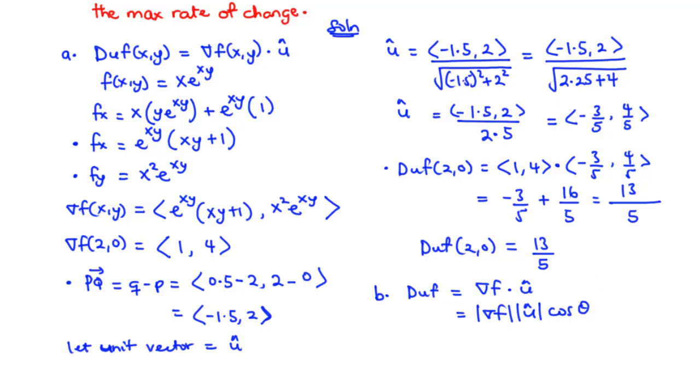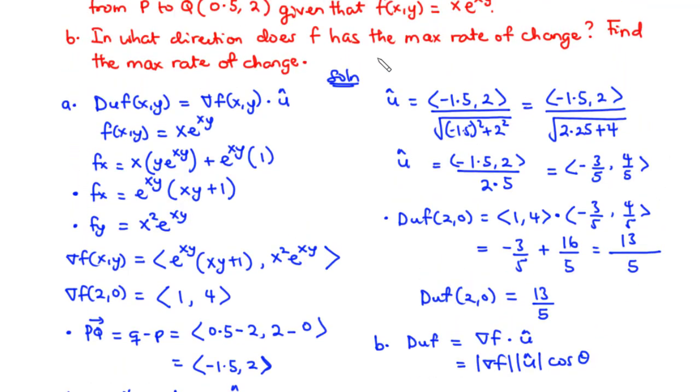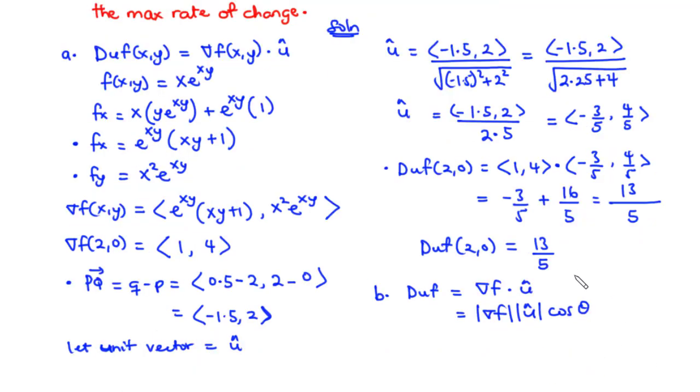Because we are interested in where the function increases most rapidly, we want to find the maximum value of cos theta. The maximum value of cos theta is equal to 1, and that occurs when theta is equal to 0. So when theta is equal to 0, cos 0 is equal to 1.